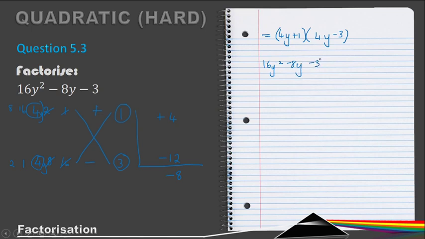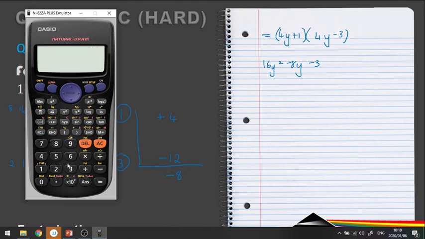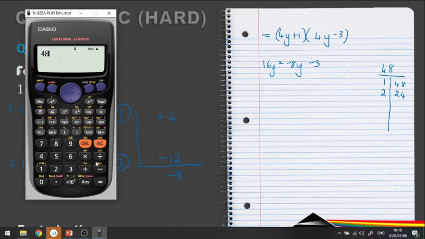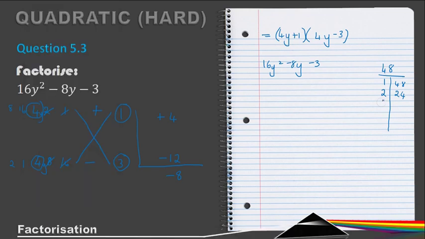So multiply 16 times 3, this gives us 48, and the factors thereof are 1 times 48, 2 times 24, 3 times 16 (let's just make sure of that one, 48 divided by 3 is 16), then 4 times 12. And here we can see if we want to get minus 8, we can say plus 4 minus 12.